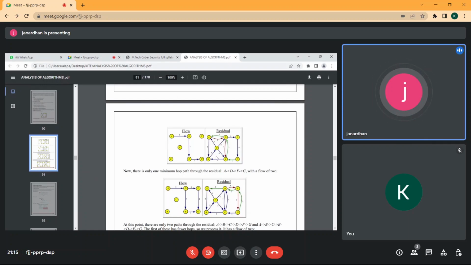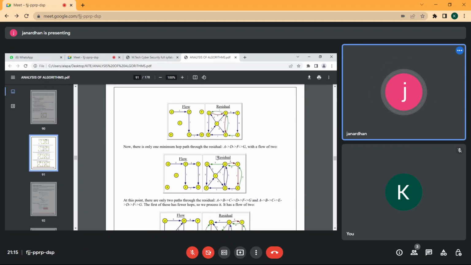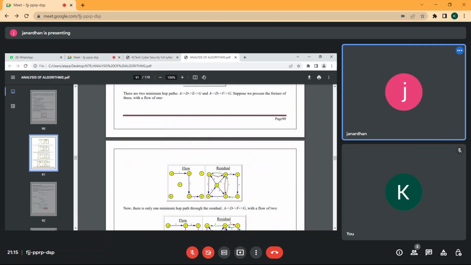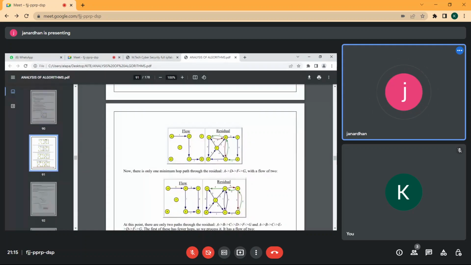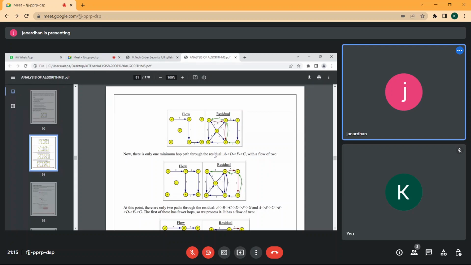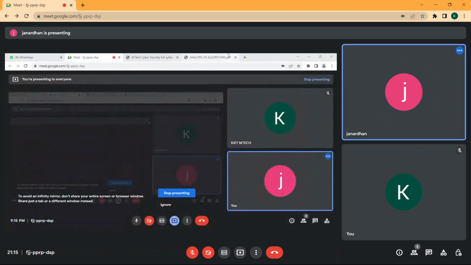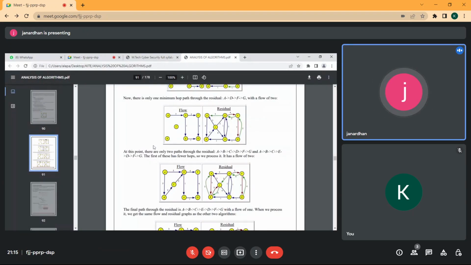And the residual, see here, the residual is here. Okay. The residual graph.